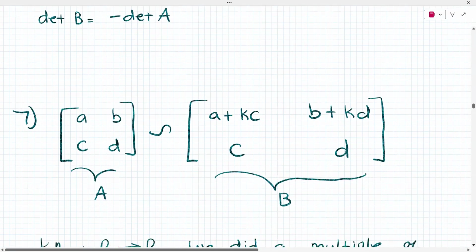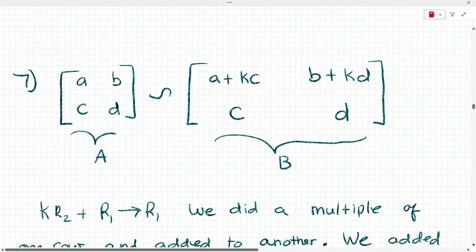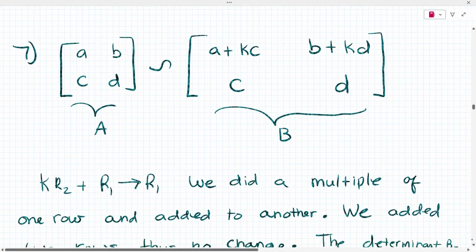So what about this rule? We have determinant A, which is 2 by 2, A, C, B, D, and here's determinant B, also 2 by 2: A plus KC, C, and then B plus KD, D, right? So what did we do? It looks like we did some kind of row operation.